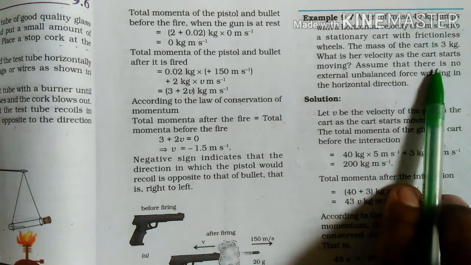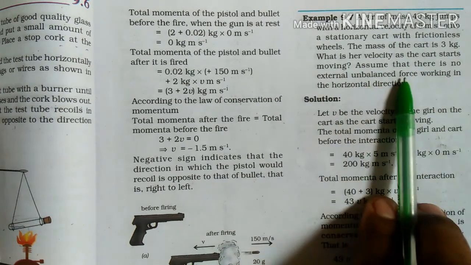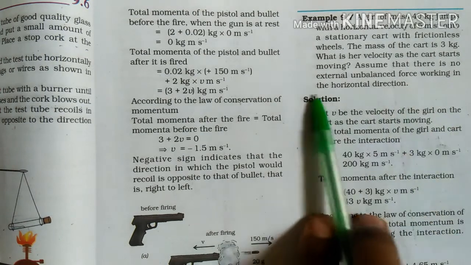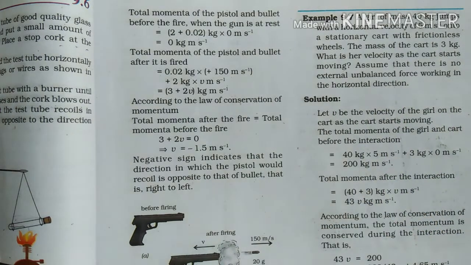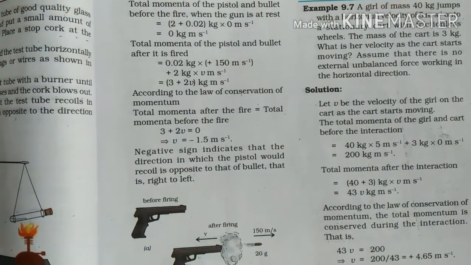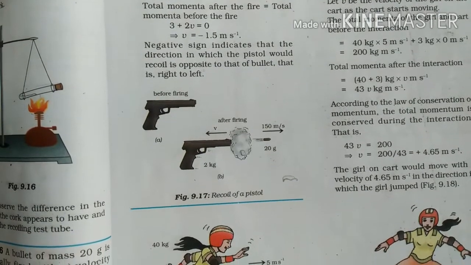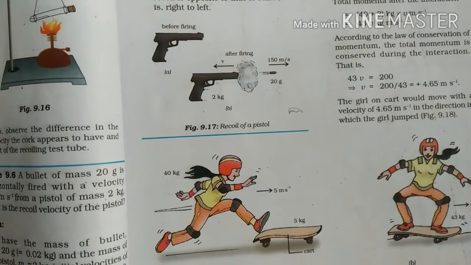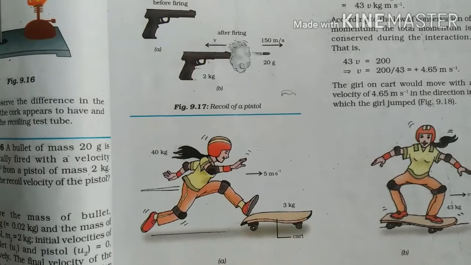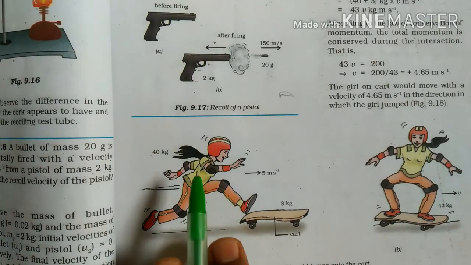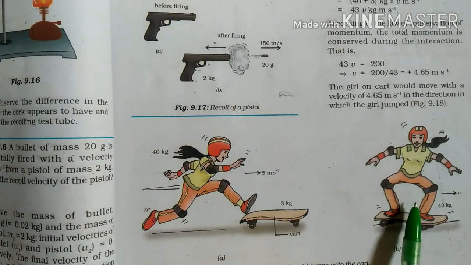Assume that there is no external unbalanced force working in the horizontal direction. See here, two pictures are given. This is the first picture and this is the second.